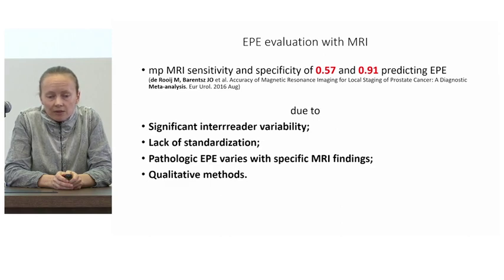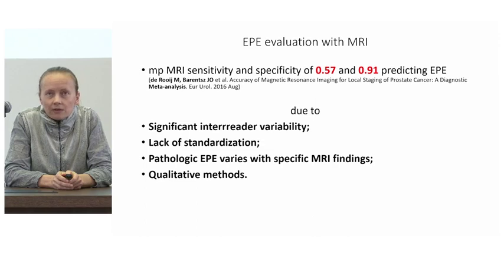Pathologic EPE has commonly been reported in binary terms, like yes or no, and if yes, how many millimeters. But MRI findings are not so definitive for pathologic EPE. And in such cases, it is common to create a likelihood scale that estimates the risk of pathologic EPE rather than providing a binary answer, which is possibly not so accurate.